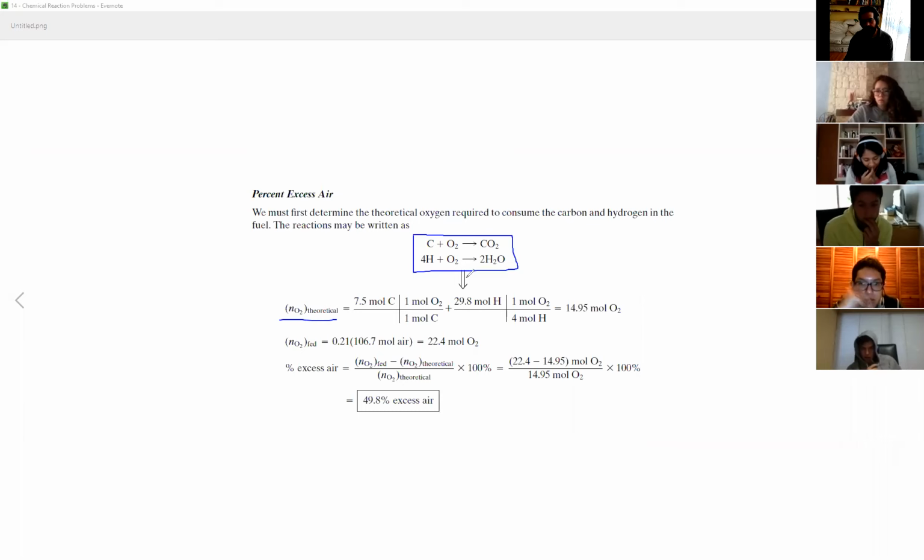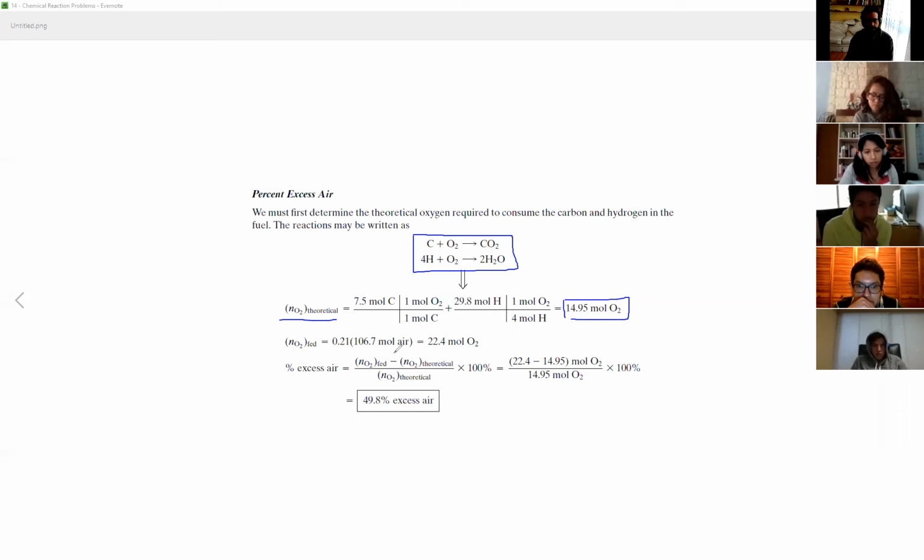For carbon, we have 7.5 moles of carbon. Then the stoichiometric relation is 1 to 1, right? For each mole of carbon, we need 1 mole of oxygen. And then for water again, right? 29.8 moles of hydrogen. And we know the relation is for each 4 moles of hydrogen, we consume 1 mole of oxygen. So with that, we obtain the theoretical amount of oxygen that we need. In this case, 14.95 moles of oxygen. That's the theoretical one.